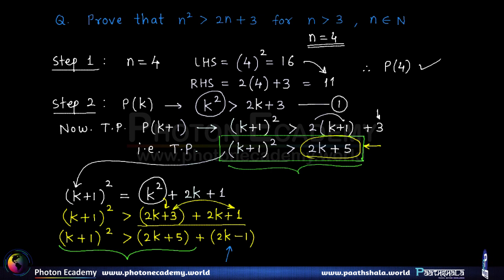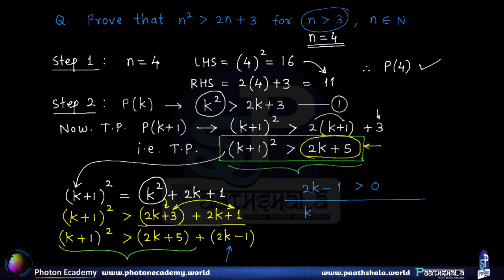Now to prove that 2k minus 1 is greater than 0, just take a look at what is k. Basically, as we saw, k is some number which is greater than 3. So that means if k is greater than 3, so clearly 2k has to be greater than 6, and therefore that means 2k minus 1 has to be greater than 5.